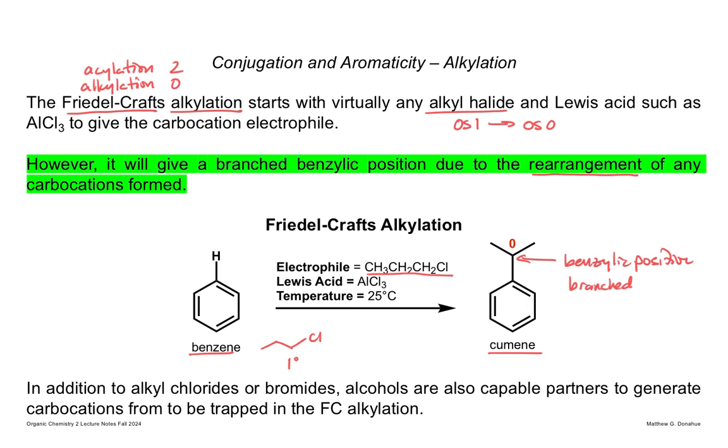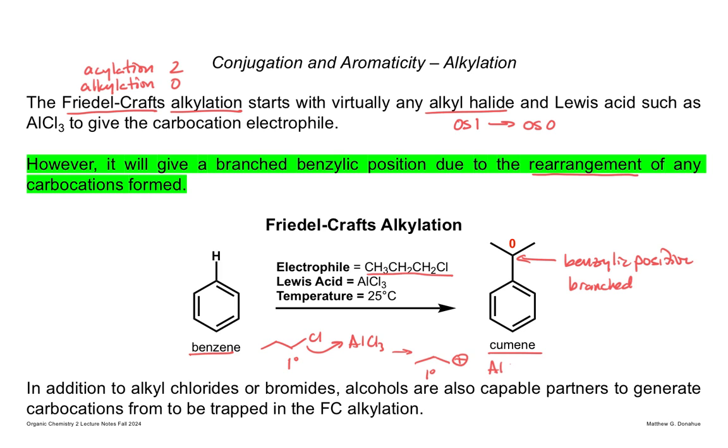So what's going on here? Why wouldn't this just form the linear chain? Why is it now bonding to position 2 of this electrophile? Essentially what happens, because carbocations can rearrange, if we draw this chlorine attacking the aluminum trichloride, we would get a positively charged carbon, so a primary carbocation.